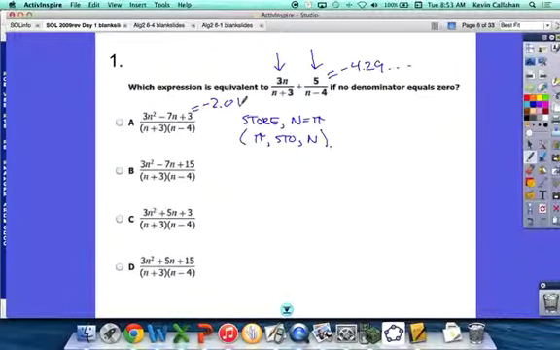Okay, and then this one you got the negative 4.29, right? So the answer is B. So again, the concept here is this is the same as this for all values of n. So of course it would have to be true for one value of n, right? If it's true for all, it's got to be true for one. We just showed that it's equal for that one value, so that has to be it.